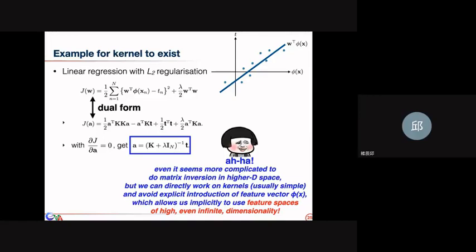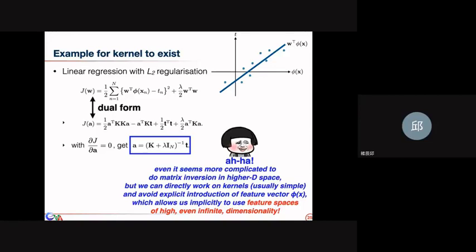So you can see during the prediction, the only thing I need is to compute the inner product between my feature vectors. But the inner product between my feature vectors is related to the kernel.